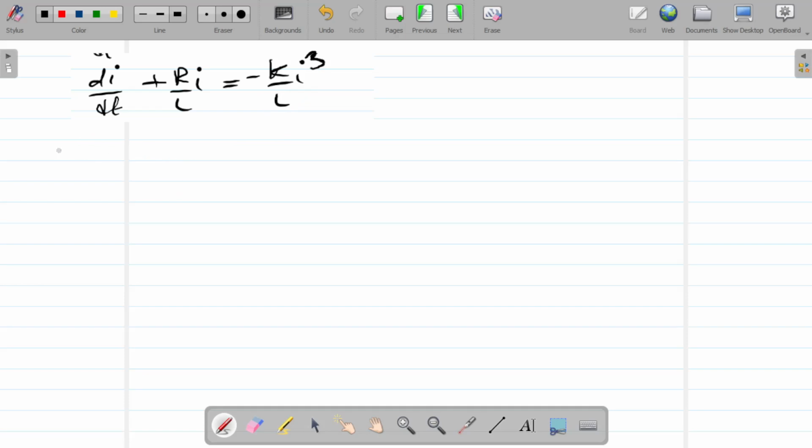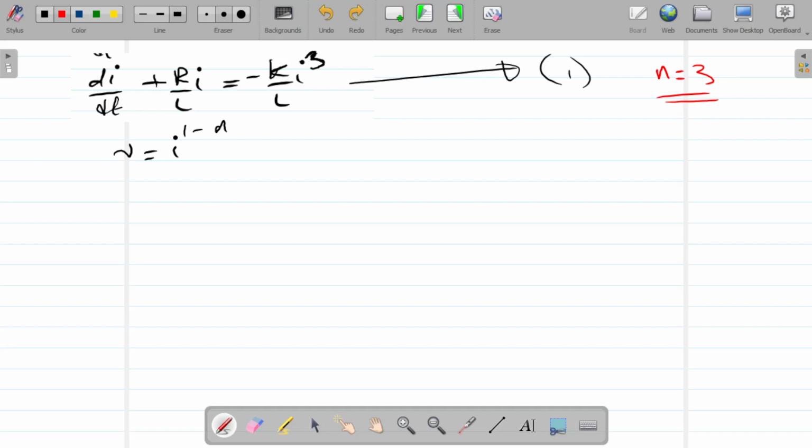The substitution that we use as before is v equals I to the power 1 minus n. Now, from this equation, which we call equation 1, we can see that n is equal to 3 in this case. It's a cubic term.